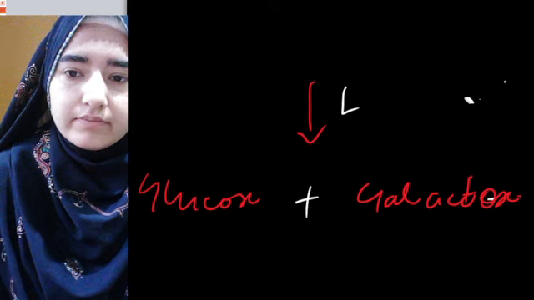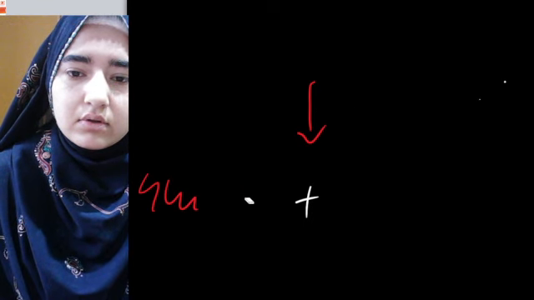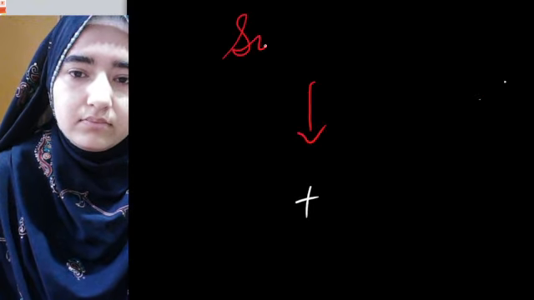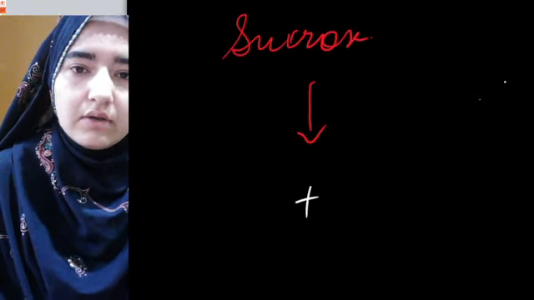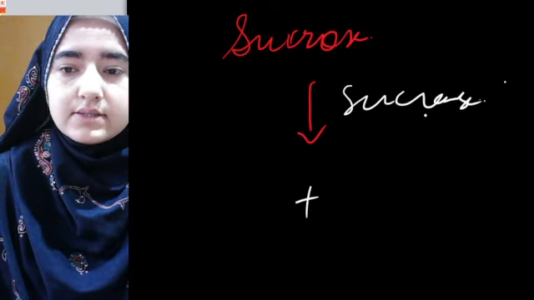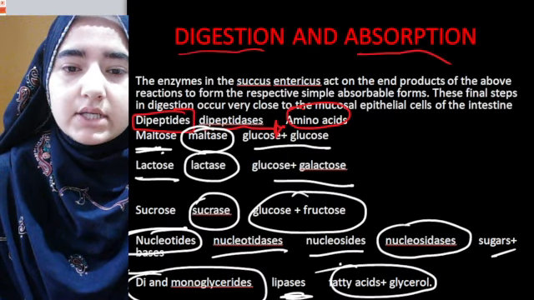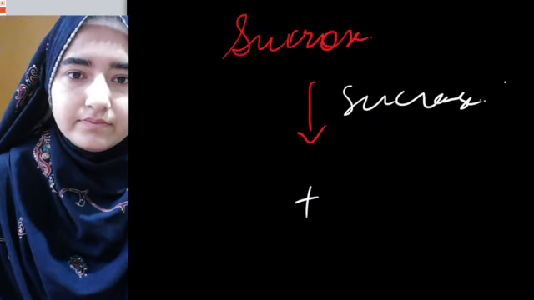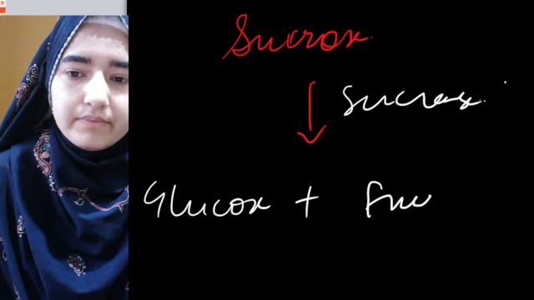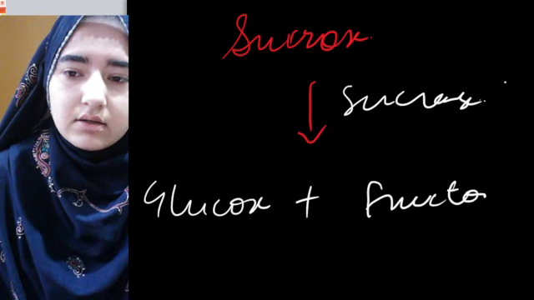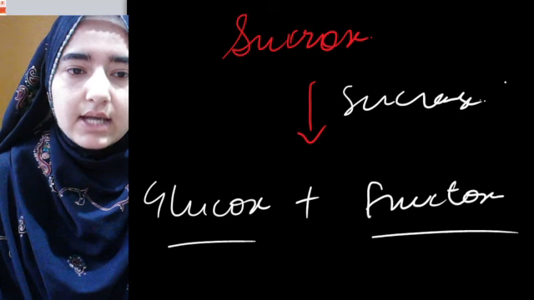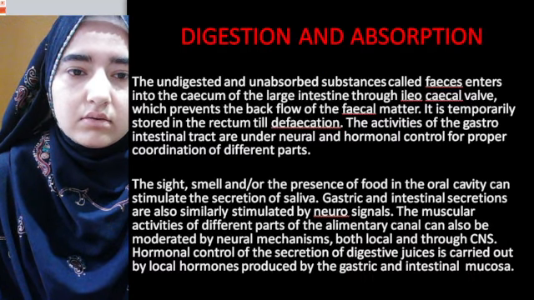Moving forward, then we have sucrose. Which enzyme will act on sucrose? It's sucrase, and it will give glucose plus fructose. You have to practice these reactions so that you will remember them. That will help you in memorizing these reactions. Okay, moving forward.